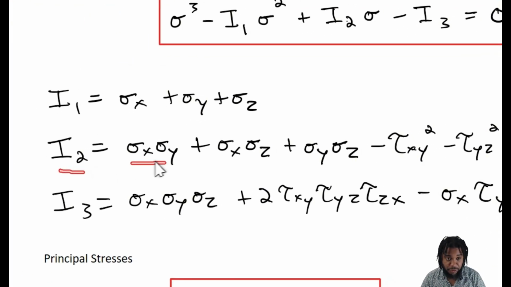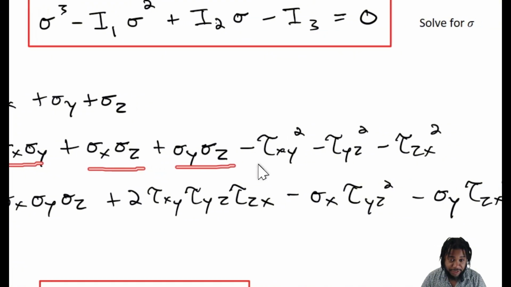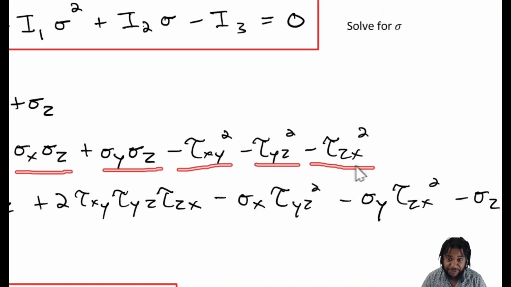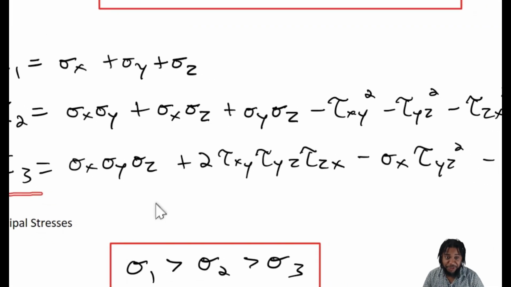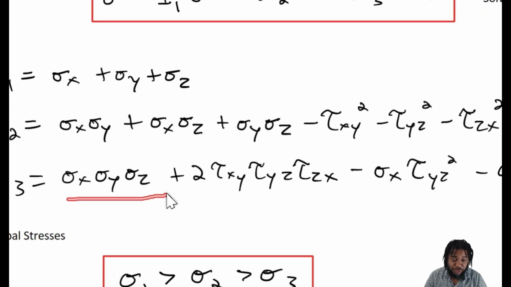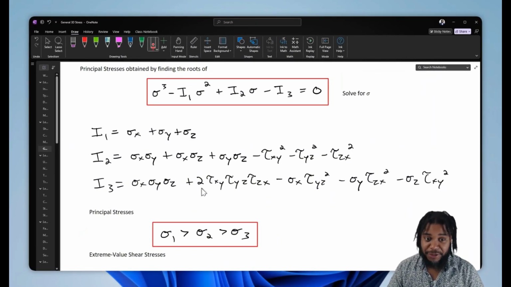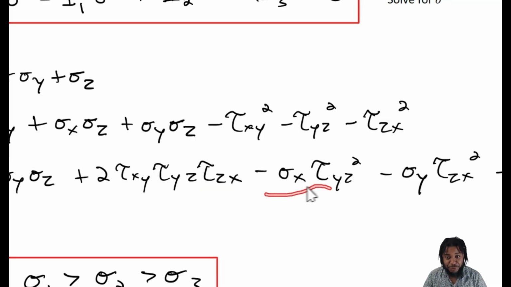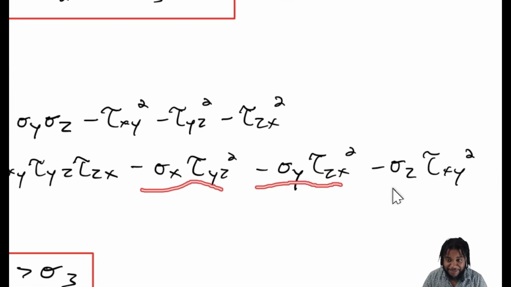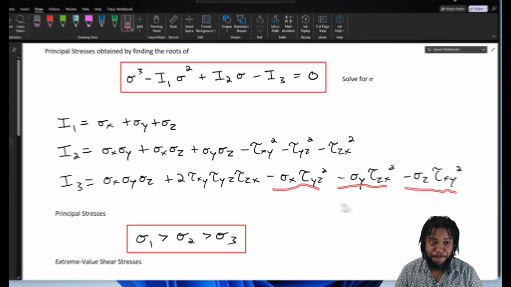Identity 2 is multiplications of our normal stresses with subtractions of some of the shear stresses in our stress element. And then identity 3 is a bit more complicated. All 3 normal stresses multiplied by each other, plus 2 times all of the shear stresses multiplied, minus normal and shear stresses in a certain configuration.